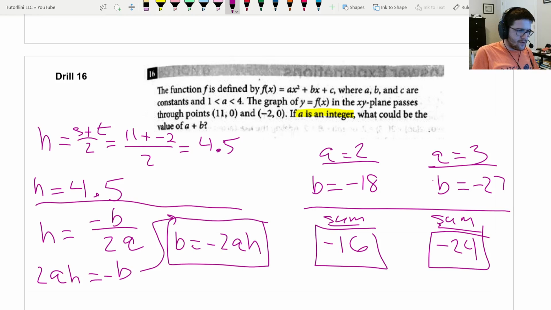I suppose to figure this out, you could do a bunch of graphing and regressing on Desmos, but I actually think it would be a lot of work and it would not help that much. So I would definitely do this one by hand. These two concepts, h equals negative b over 2a, and that the x-coordinate of the vertex is the midpoint of the roots, those are two really important concepts you want to make sure you know by heart.